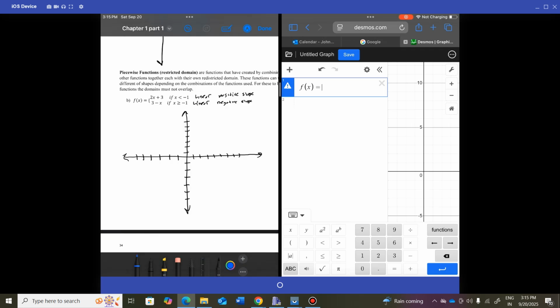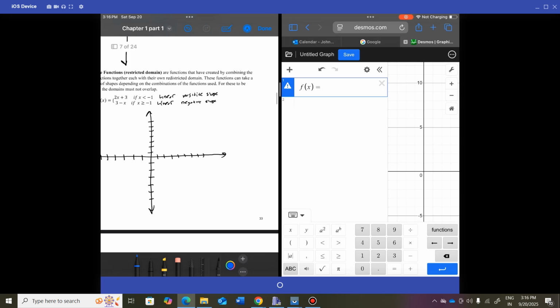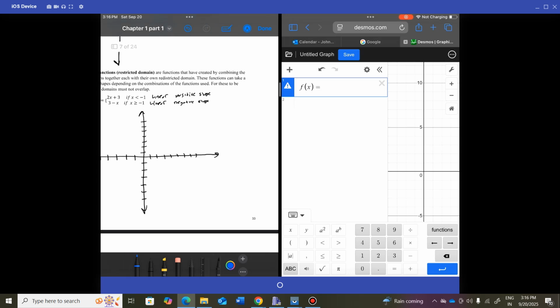So first, we need to look at both of these equations at -1. So even though the top one doesn't include -1, we still want to look at it at -1. So we'll have 2 times -1 plus 3, which that'd be -2 plus 3 is positive 1. And then we'll have 3 minus a -1, which is 3 plus 1, which is 4.